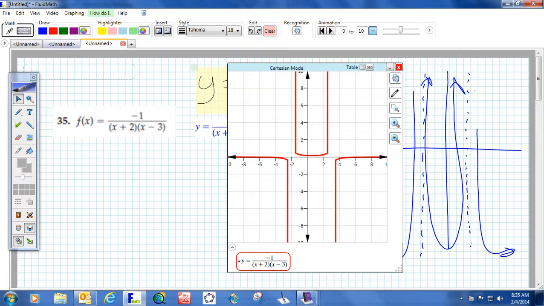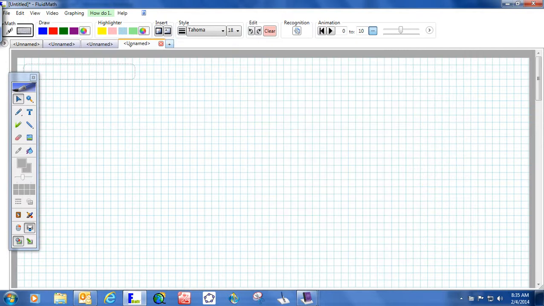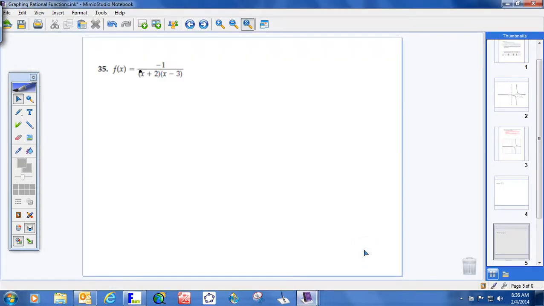Should we do the last one? Why not? So the last one is 37. Ooh, this one I can graph, I think. So I have x minus 1 all divided by x squared minus 4.